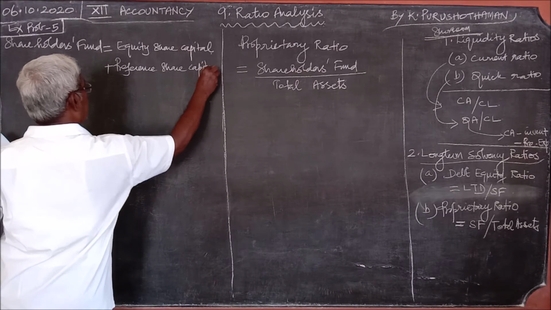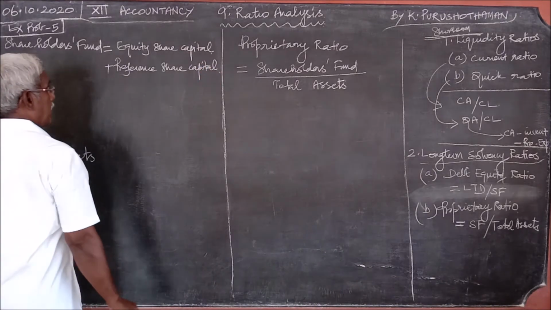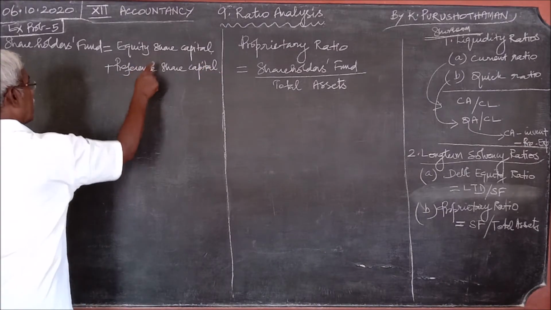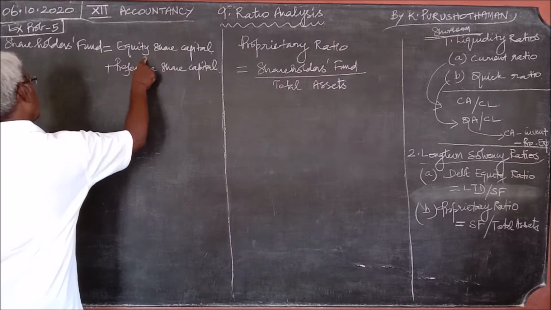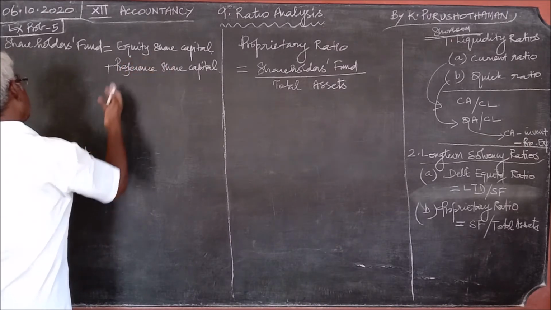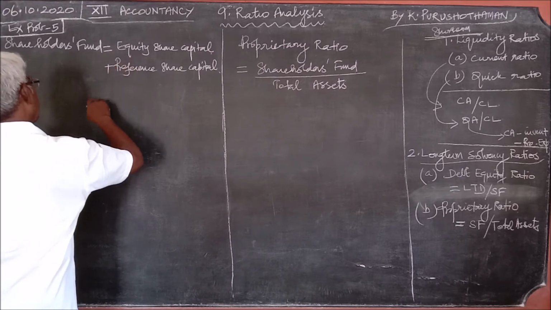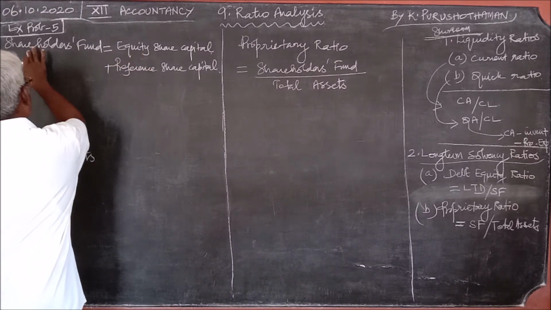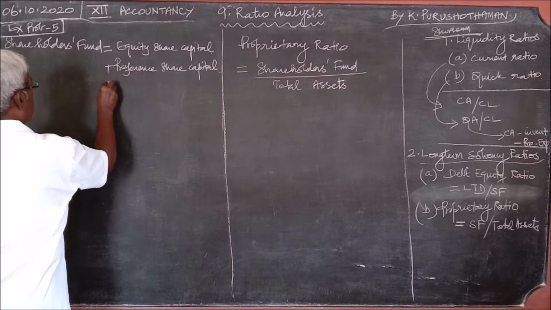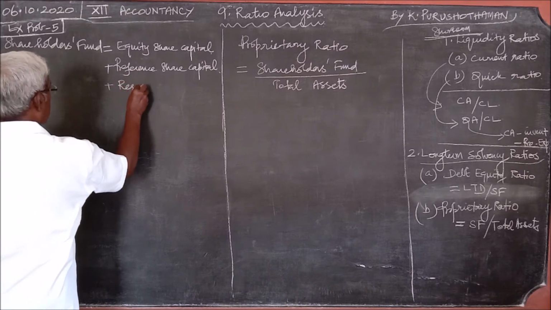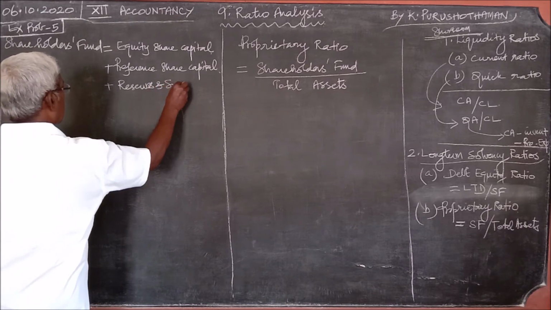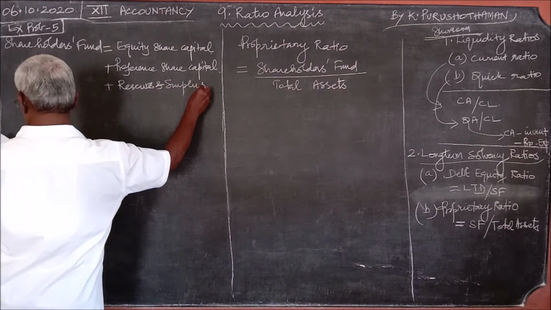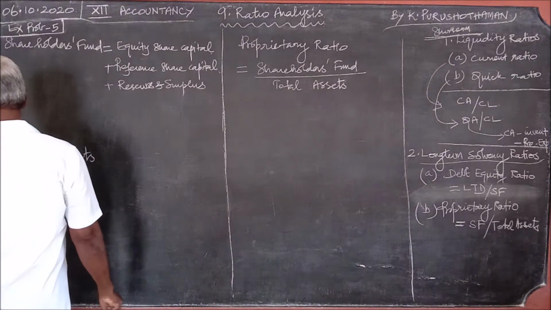Once again, I remind you the different types of shares are equity shares and preference shares. Sometimes in some problems, one type of share may be given. In this problem, both the types of shares are given, so we are writing the shareholders fund plus reserves and the surplus.